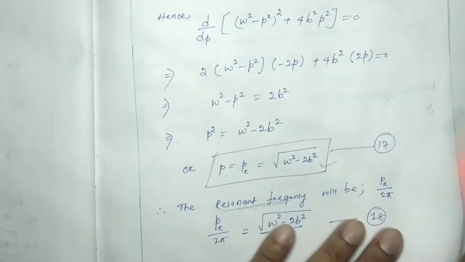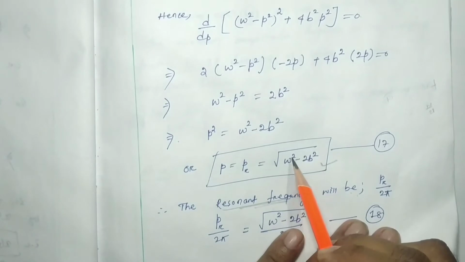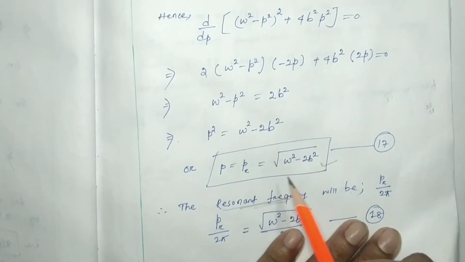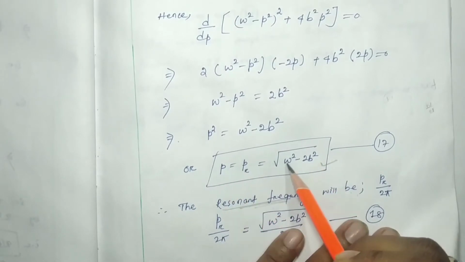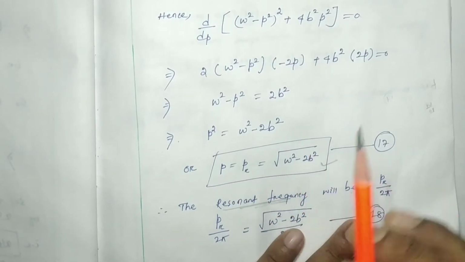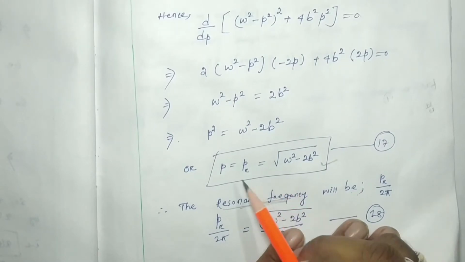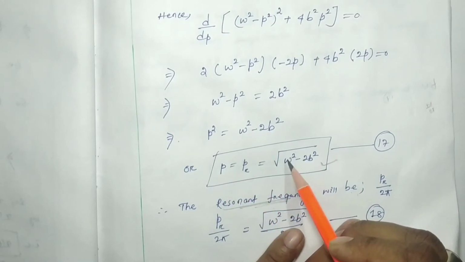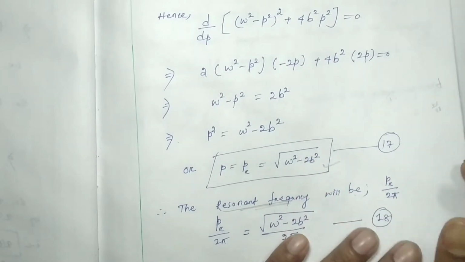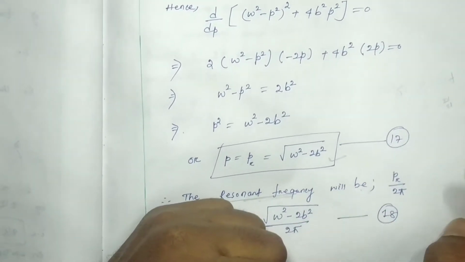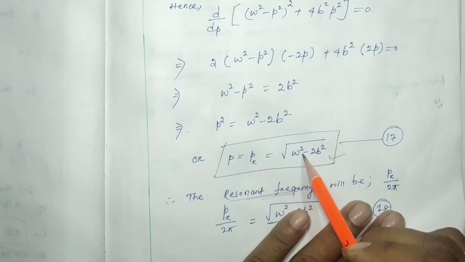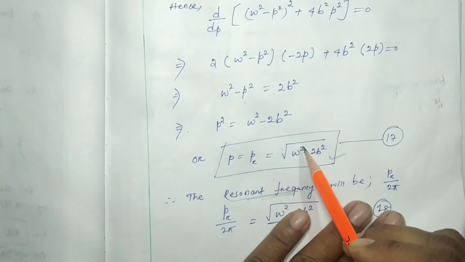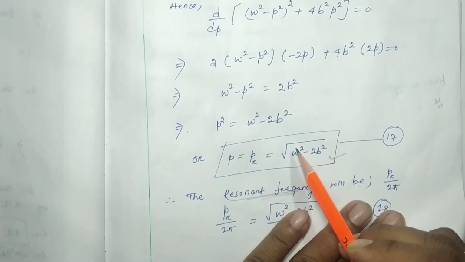From equation number 7, p equals the square root of omega squared minus 2b squared. If we consider b very small, p will be equal to omega. So resonance occurs approximately at p equal to omega, meaning the maximum amplitude in forced harmonic oscillation is found when the applied force frequency equals the natural frequency of vibration of the particle.